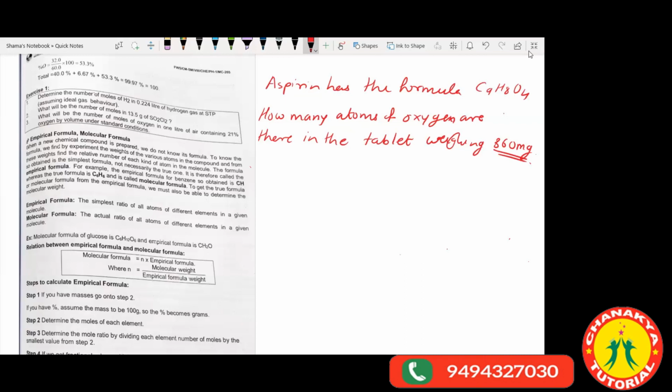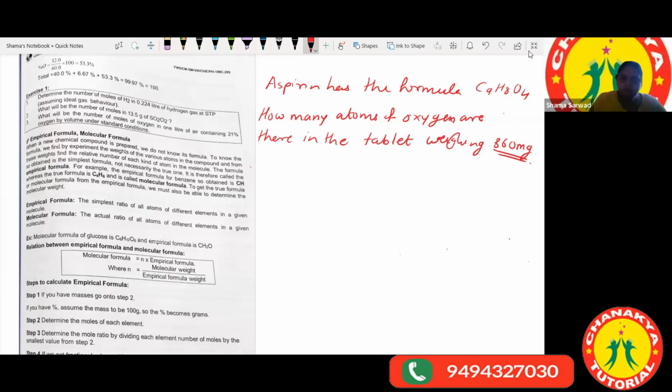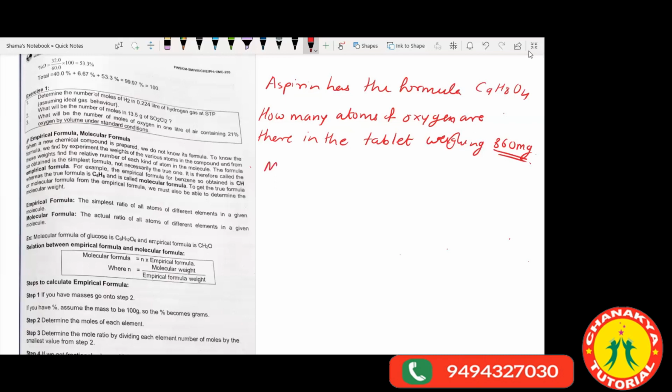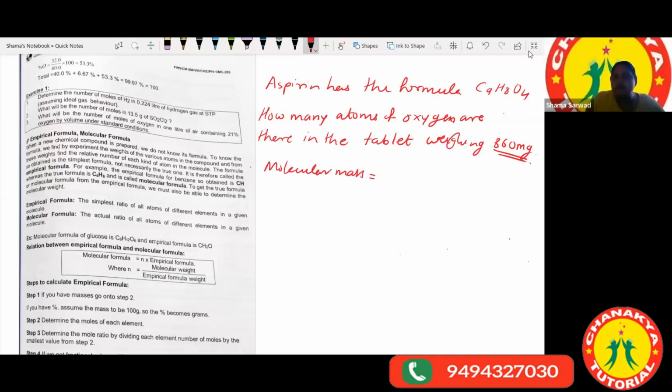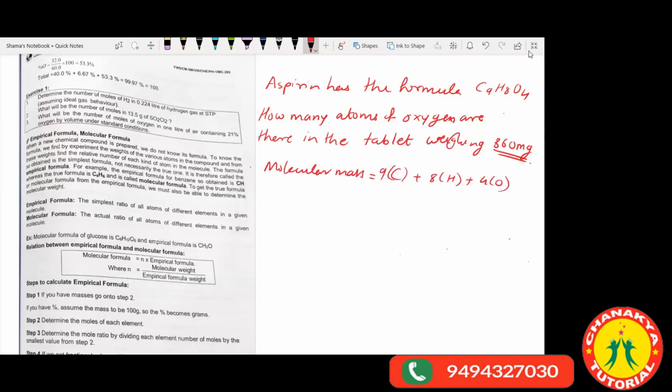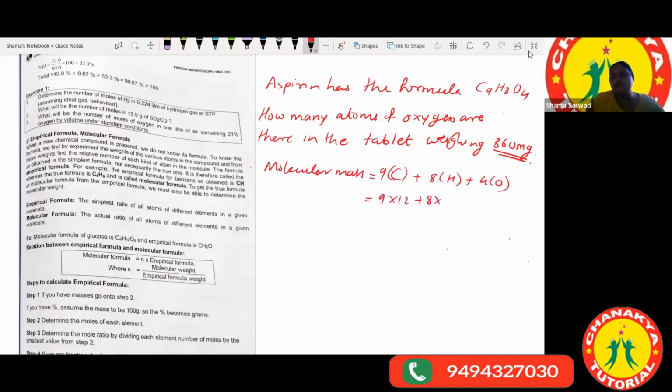I guess it would be, by calculation we will get the molecular mass of 9 atoms of carbon plus 8 atoms of hydrogen plus 4 atoms of oxygen, correct? 9 into 12 plus 8 into 1 plus 4 into 16.